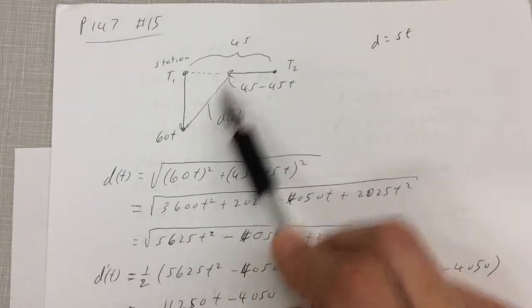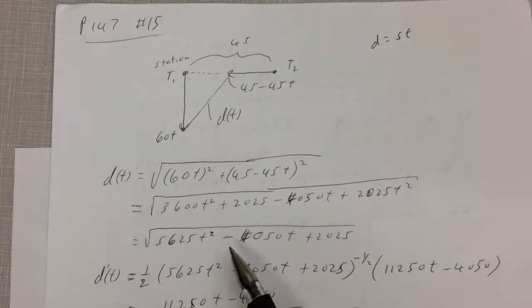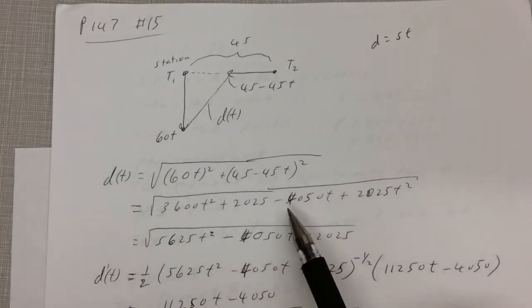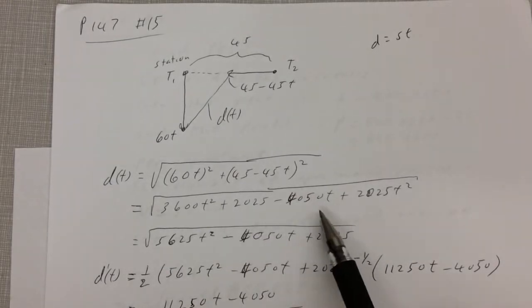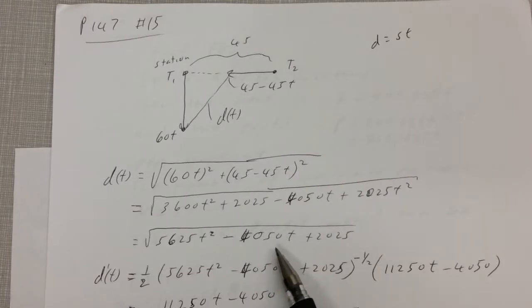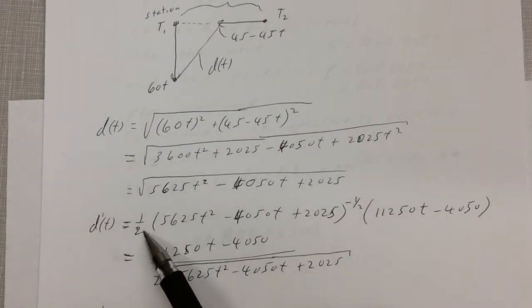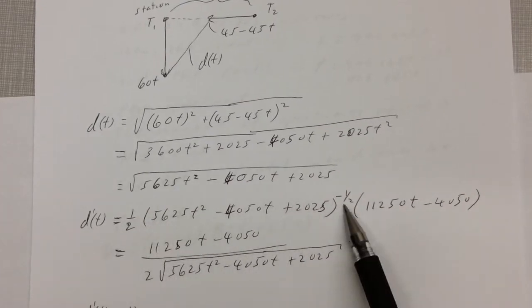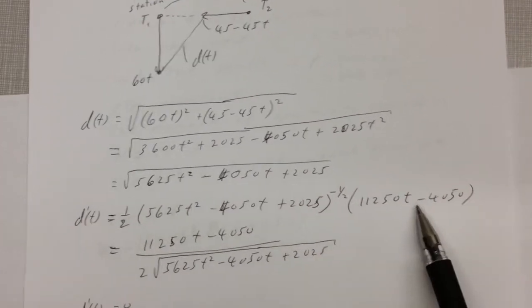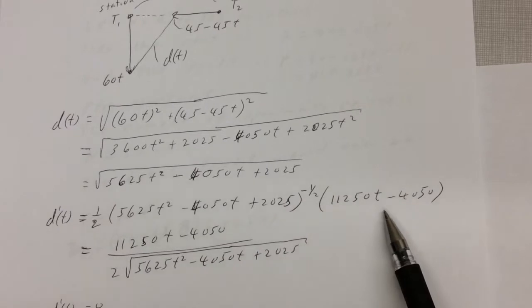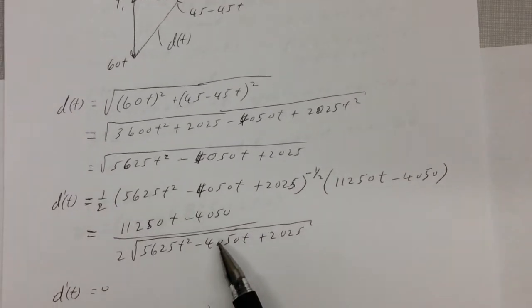Okay, this is the hypotenuse, so we're going to square root that. So that is our formula after expanding it, simplifying it. Taking the derivative, it's a chain rule, so bring the 1/2 down in front, reduce it by 1, and then times the derivative of the inside. We've got this function now, this rational function with a square root on the bottom.